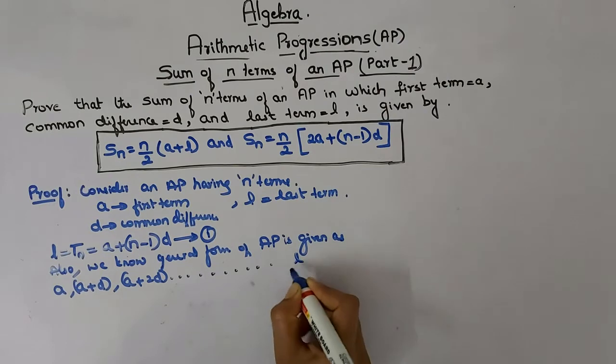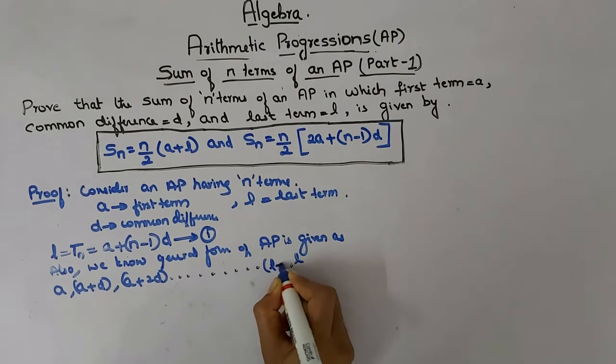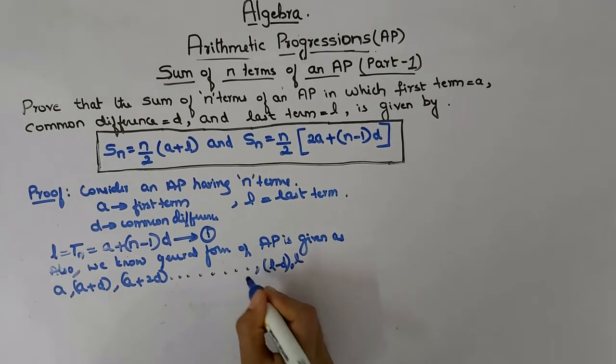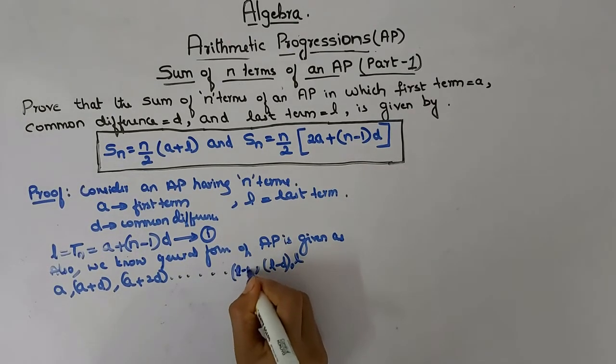Just before l we have l minus d. Before this number we have l minus 2d.